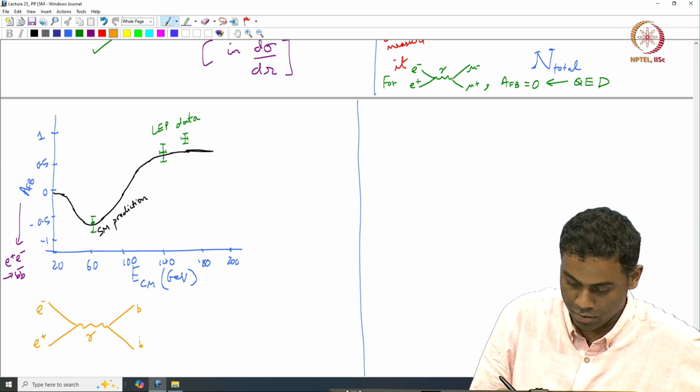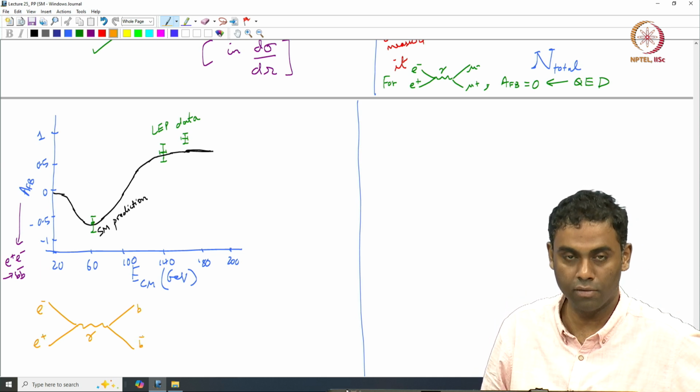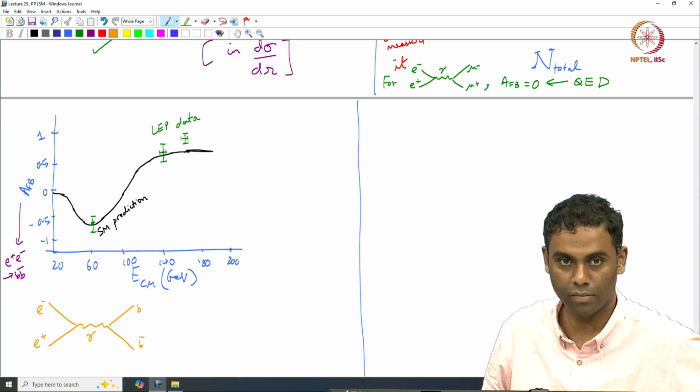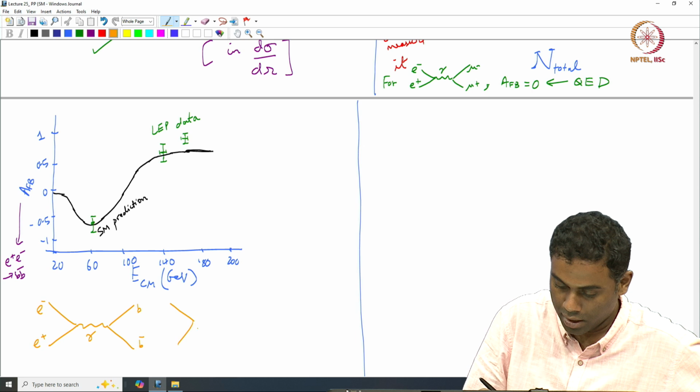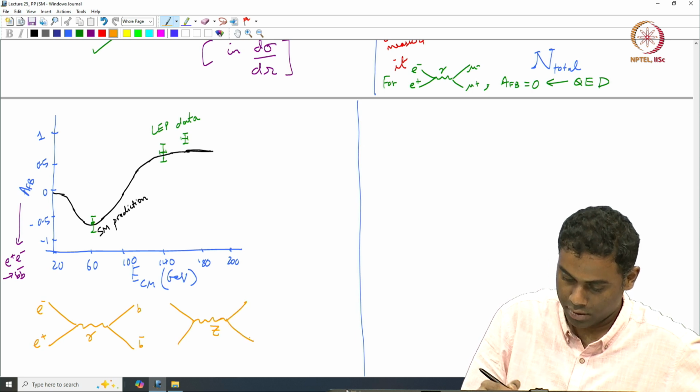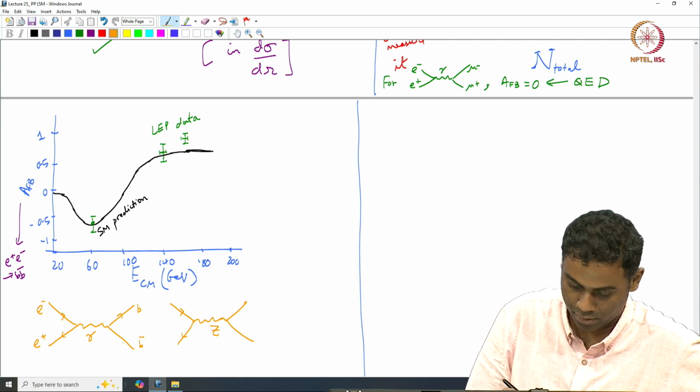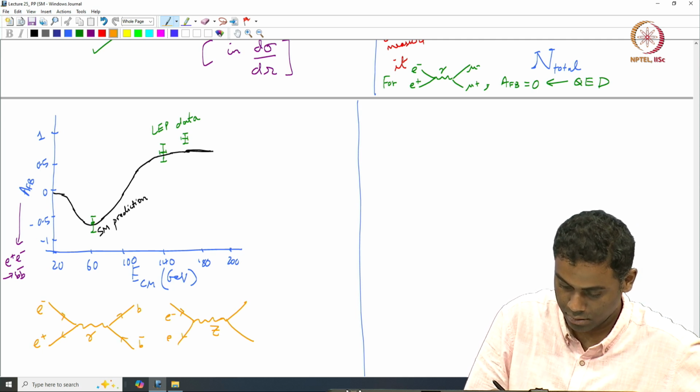This is b b bar now, but it doesn't really matter. First I have a diagram with a photon in the s-channel as the mediator. And then I have the Z boson.